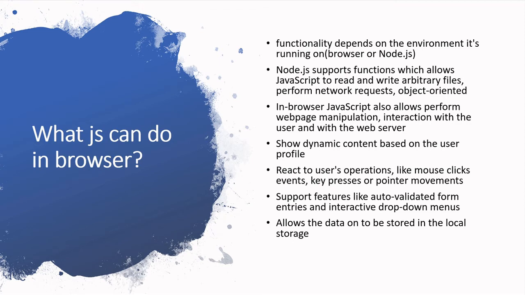But when it comes to Node.js, it is not interacting with the user, so there is no need to give any dynamicity. On the server side, Node.js can read and write files and make requests to servers. It also handles object-oriented things: whatever data you get from the database, it creates an object and gives it to the user.